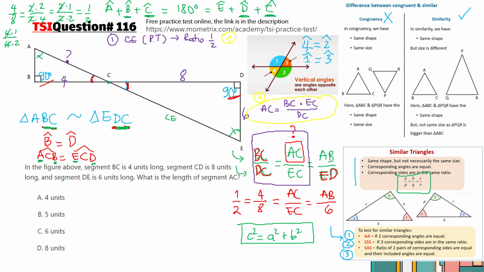Now for number 2, I like it more because I just need to work with the small numbers. So I can find the AB by the ratio. So the second way we can do is we find the AB based on the ratio, and then we use the Pythagorean theorem to solve for the AC.